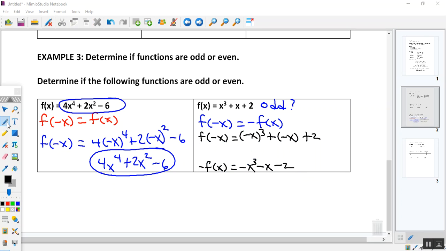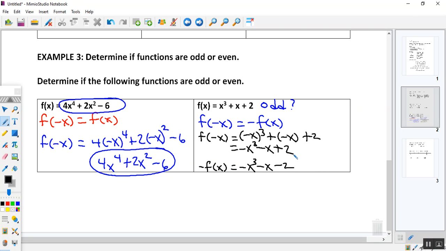Help me with that f of negative x part. What's negative x to the third going to become? What's 3 x's that are negative multiplied together going to be? Positive or negative, kids? So negative x to the third. That plus a negative x, that's like minus x, right? And then plus 2.